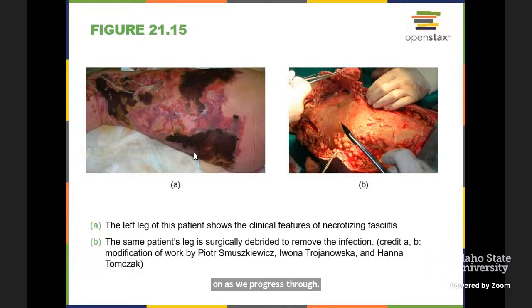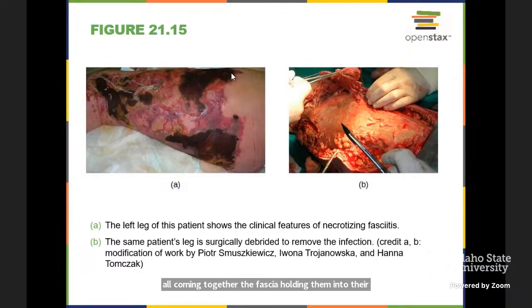A lot of this discolored blackened tissue is necrotic tissue, dead tissue, necrotizing, all right? And the fasciitis basically getting into all of your muscles as they're all coming together, the fascia holding them into their groups, it moves into that and starts destroying.